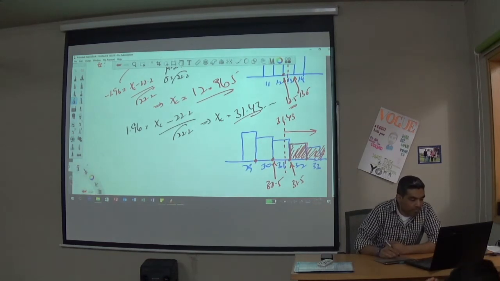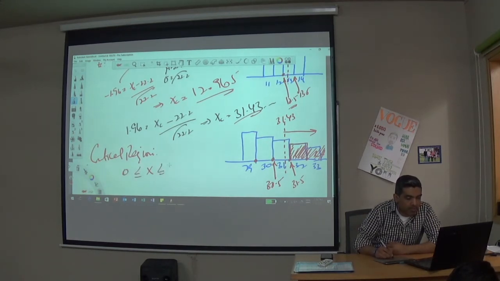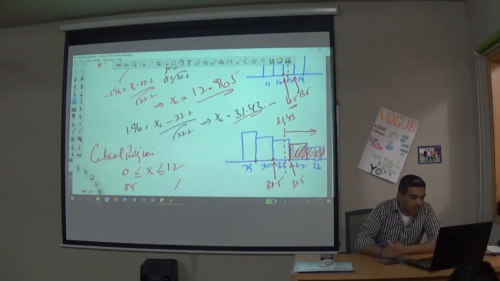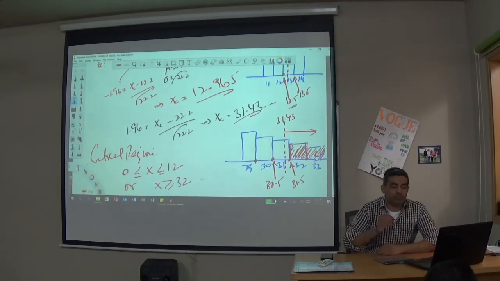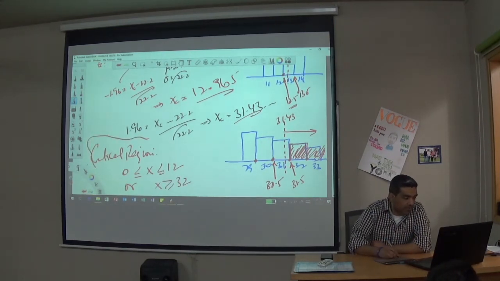So now we can state the critical region. The critical region is x from 0 till 12, or x is greater than or equal to 32. This is your critical region.